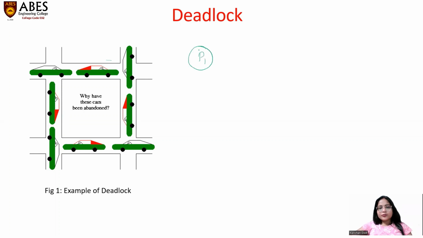Suppose there is process P1 and it is requesting resource R1, but resource R1 is allocated to P2, and P2 is waiting to get access to resource R2 while R2 is allocated to P1.